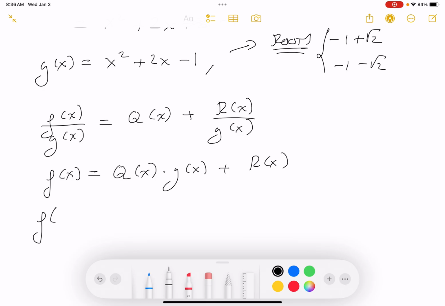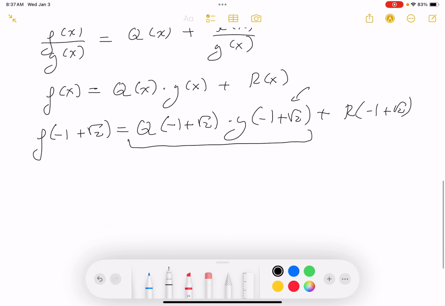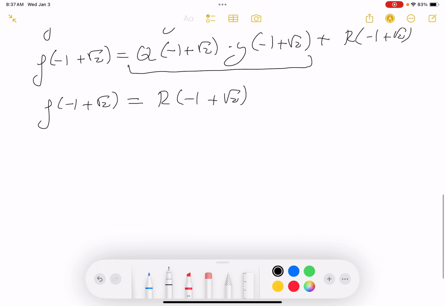I want to evaluate f at minus 1 plus root 2, which would equal q at minus 1 plus root 2 times g at minus 1 plus root 2, and then the remainder, this is really complicated, doesn't it? At minus 1 plus root 2. But what I know about this over here, this is going to give me a 0 because this is a root. So really, f of minus 1 plus root 2 is going to equal the remainder evaluated at minus 1 plus root 2. Now, I'm not saying the remainder is going to be easy to deal with, but it's going to be easier to deal with than f.